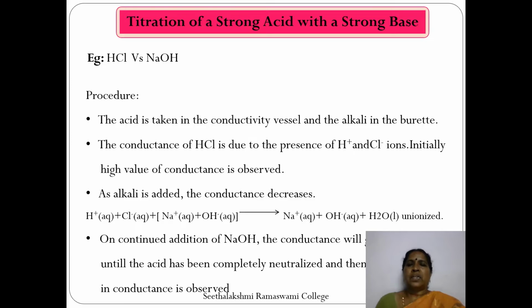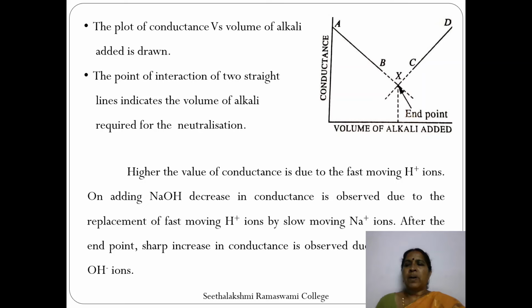Titration of a strong acid versus strong base. Example, hydrochloric acid versus sodium hydroxide. As we have seen earlier, hydrochloric acid is taken in the beaker and the conductivity cell is immersed in it. Sodium hydroxide is taken in the burette. Initially, a high value of conductance is observed.